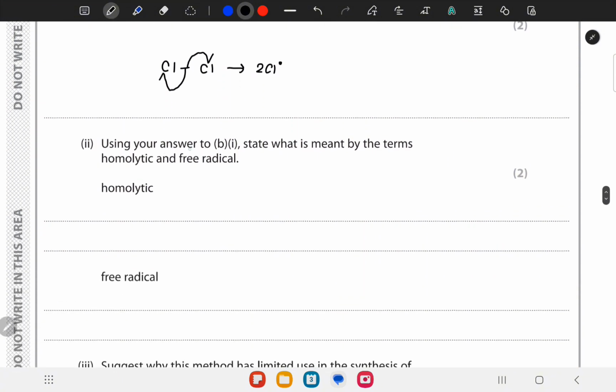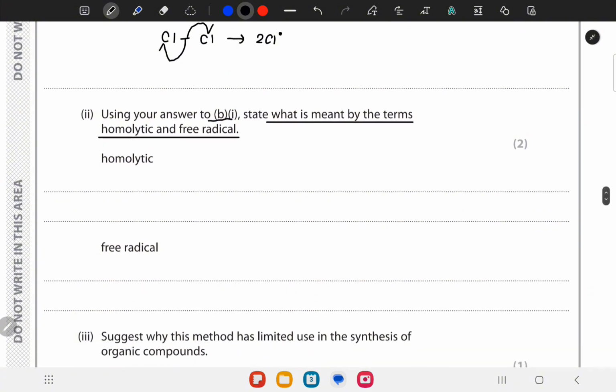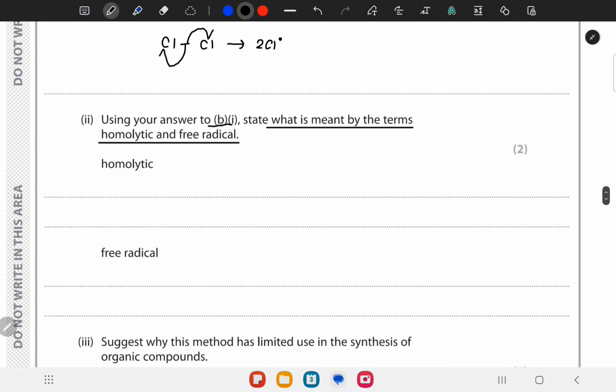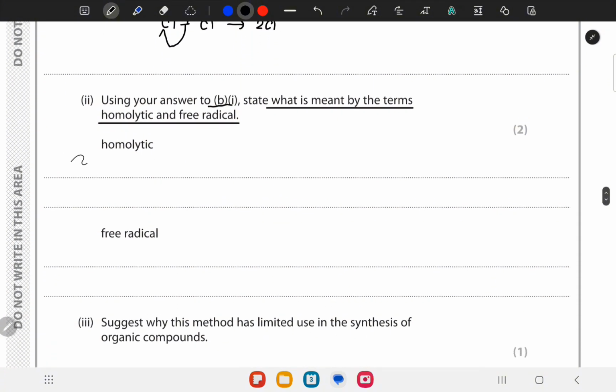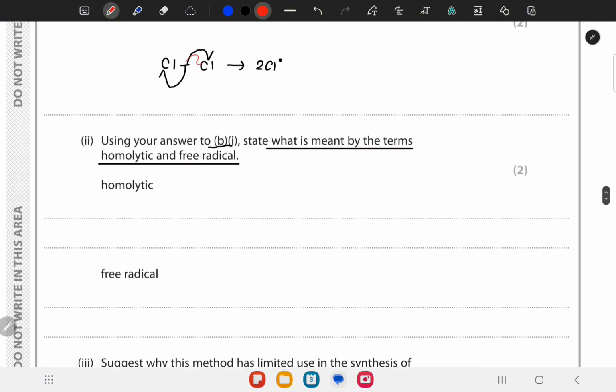Now we have to use our answer to part B1 and state what is meant by the terms homolytic and free radical. The definition of homolytic is each of the chlorine getting 1 electron when the bond breaks. So when there is an electron pair over here, one of the electrons will go to this chlorine, one of it will go to this chlorine.